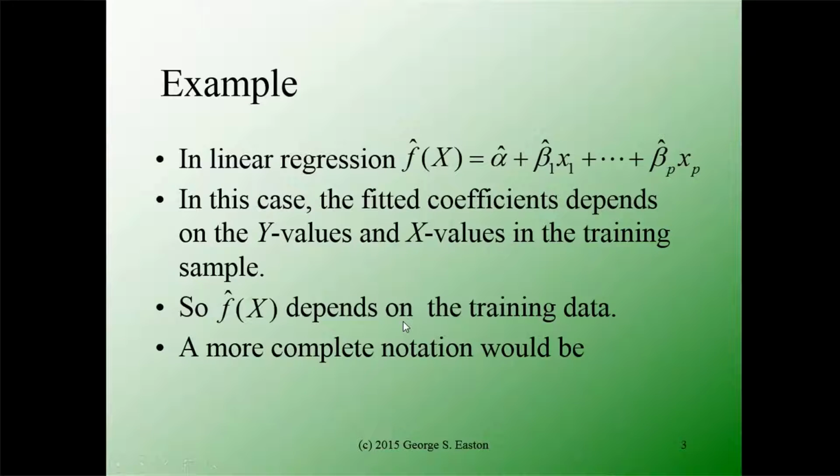So if I were to use a more complete and thorough notation, what I would do is represent f hat of x as being dependent on the y training data and the x training data. But this notation is cumbersome, so I'm going to suppress the dependency on the training data here. But you know now that f hat of x really depends on the training data through the estimated coefficients.